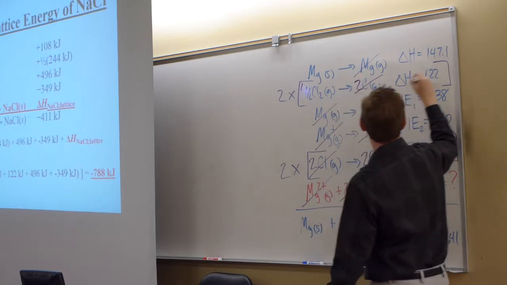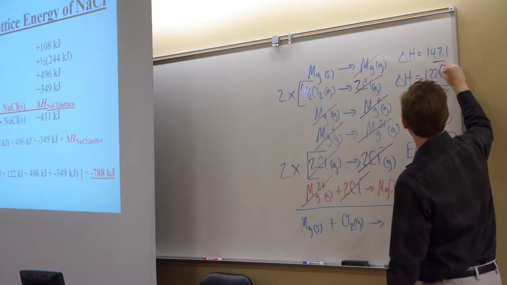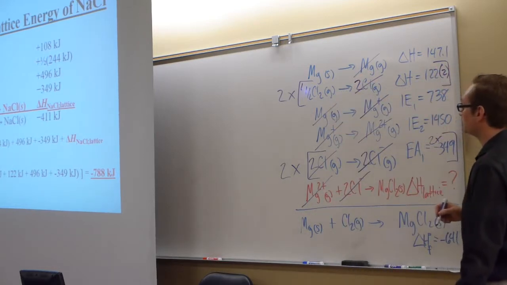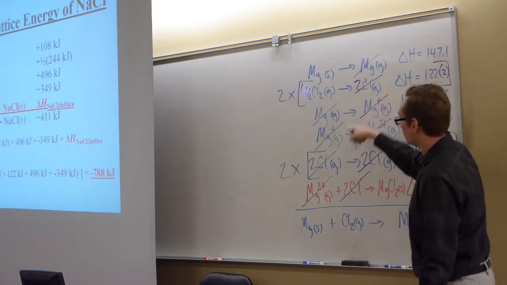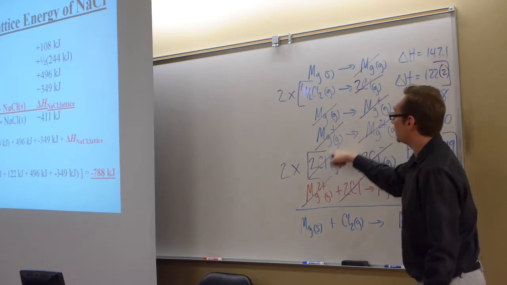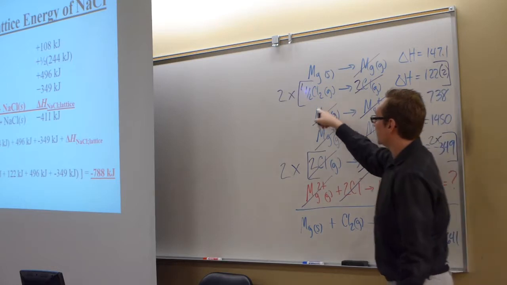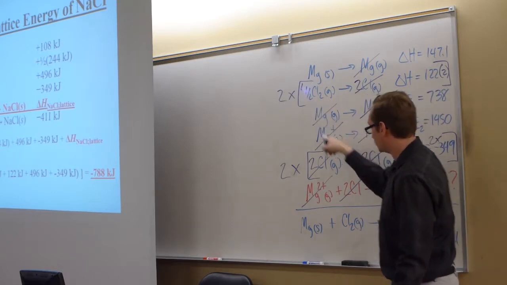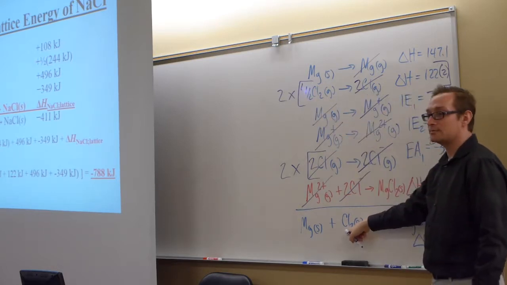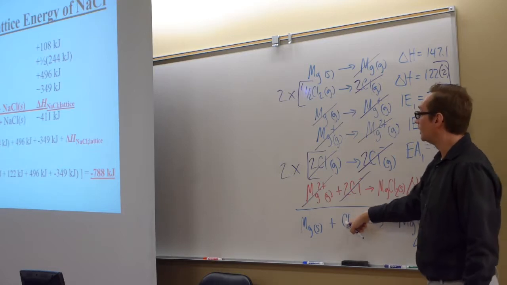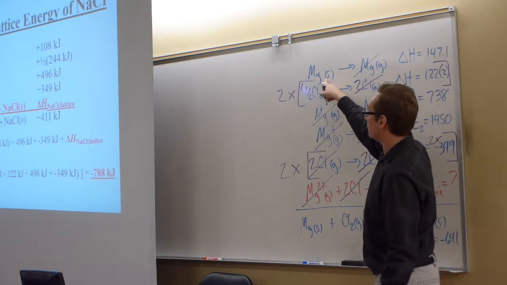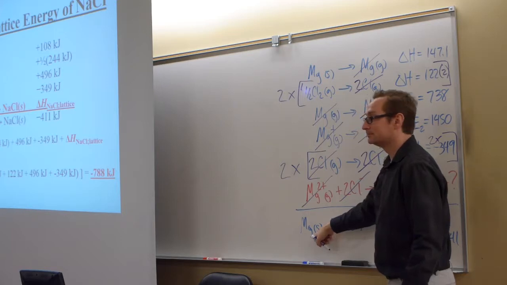This is now 2, and this is now times 2 here. So now my 2 gaseous chlorine atoms are canceling. I've got 1 Cl2 molecule here, which is okay because I've got 1 Cl2 molecule down here. And I still have my magnesium solid up here, which also comes down here.